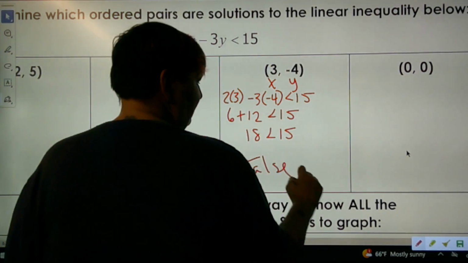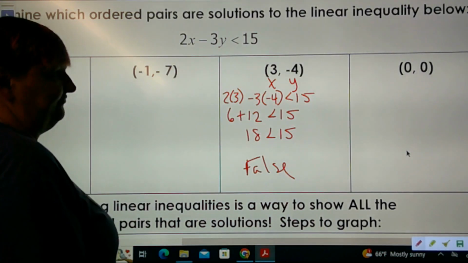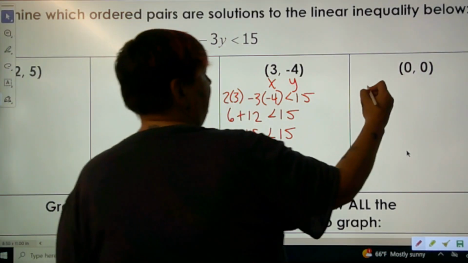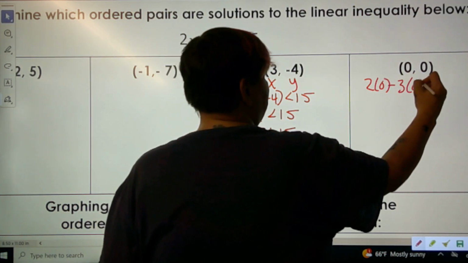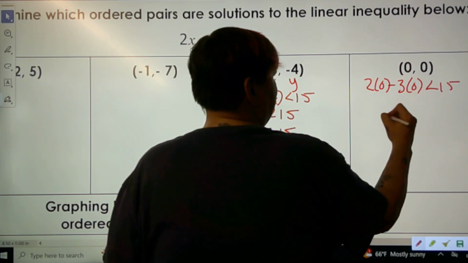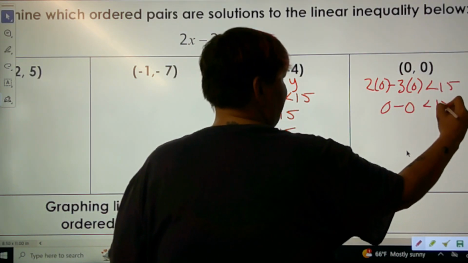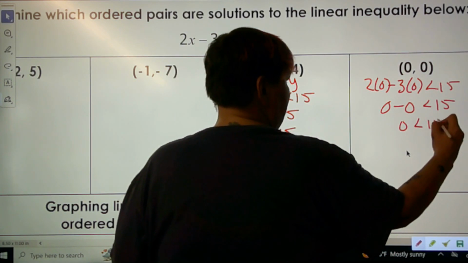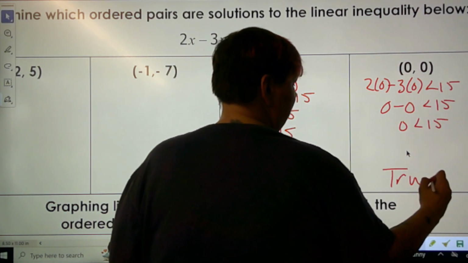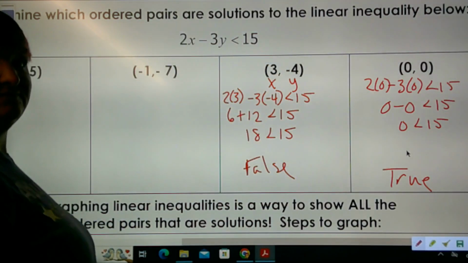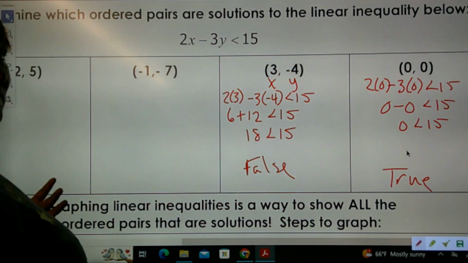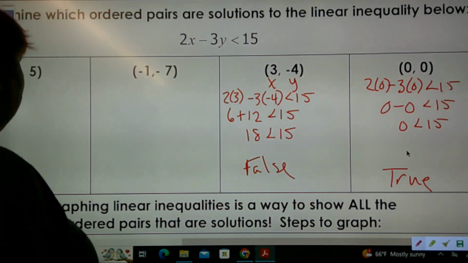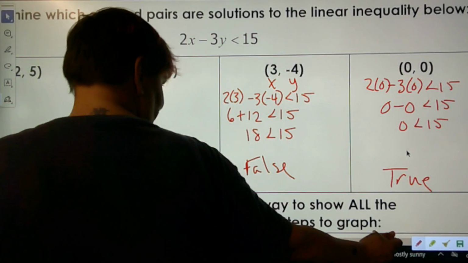False. 0, 0. 2 times 0 minus 3 times 0 is less than 15. 0 minus 0 is less than 15. 0 is less than 15. True. So we're just looking for the ordered pairs that make the inequality true. Okay?